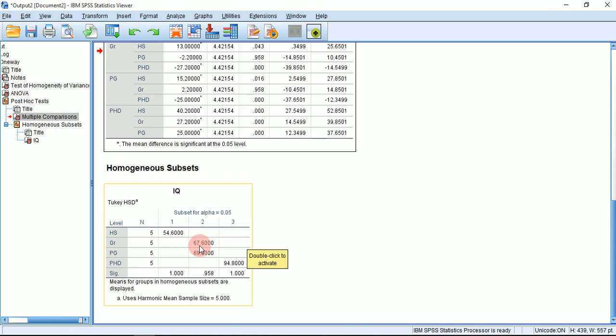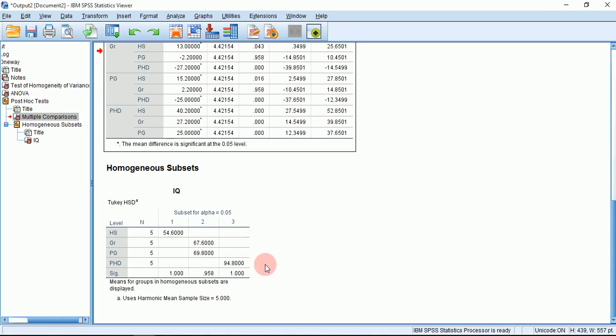And lastly, we see the PhD candidates' mean value, which is 94, and this PhD group has also no group with it. The graduates and postgraduates, these two groups are actually homogeneous. And you will also find the relative significance of the groups here.